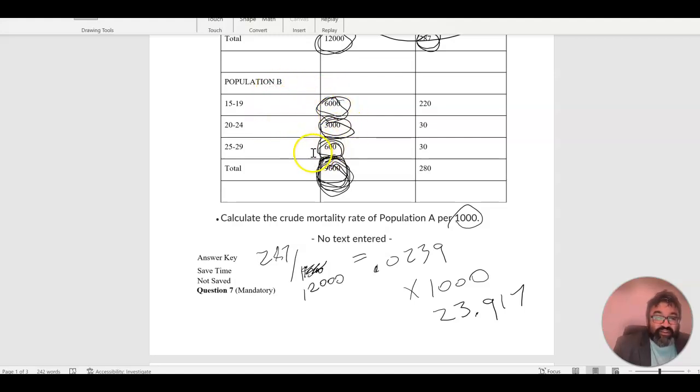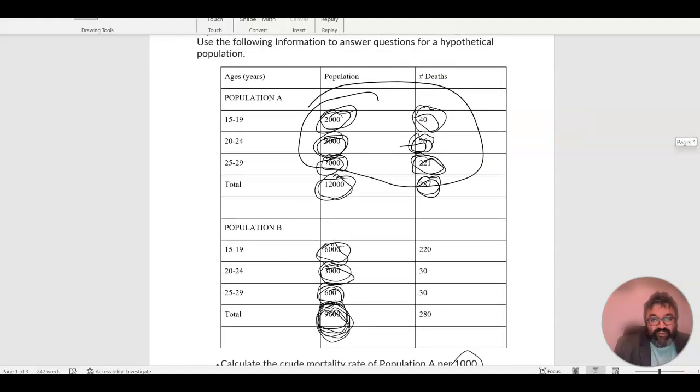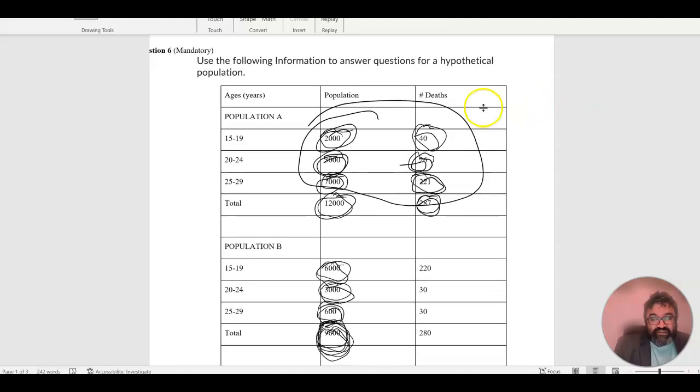You're dividing up the total number by age group. This is why it's called age-adjusted mortality: you're taking the age proportion in the population and multiplying it by the mortality rate of each age group, which gives you the age-adjusted mortality.